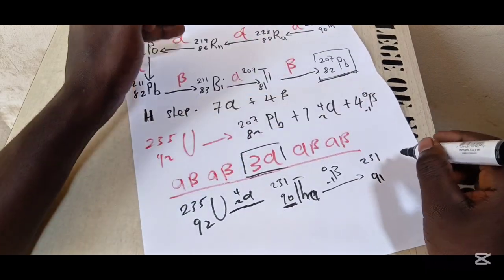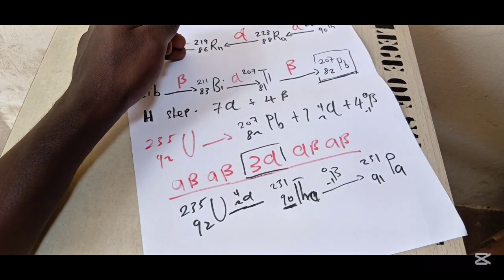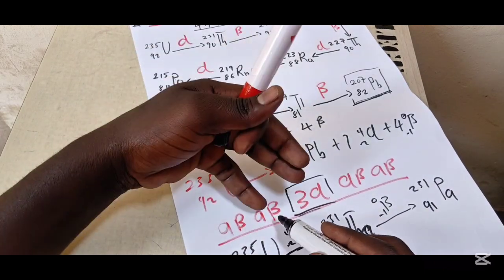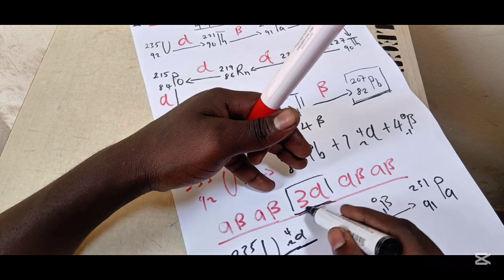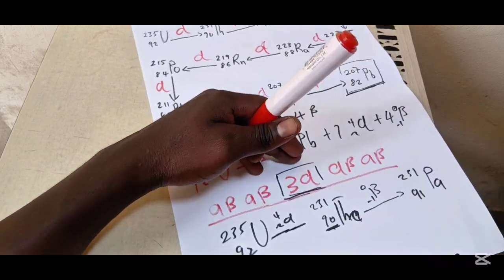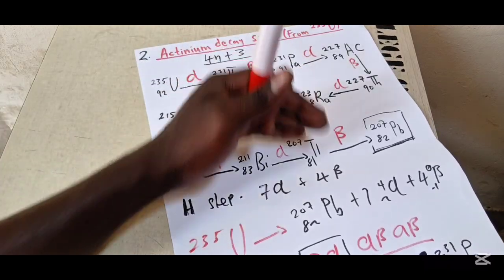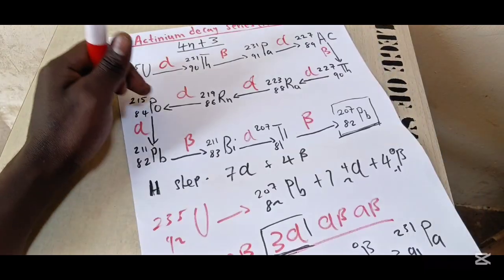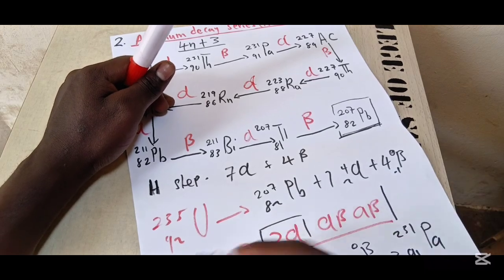You are going to get protactinium. So you go in that order, alpha and beta. You do the same, alpha, beta. When you get here, you do alpha 3 times, then alpha, beta, alpha, beta. At the end of the day, you'll be able to draw this without memorizing the various nuclides involved. So just memorize this order.